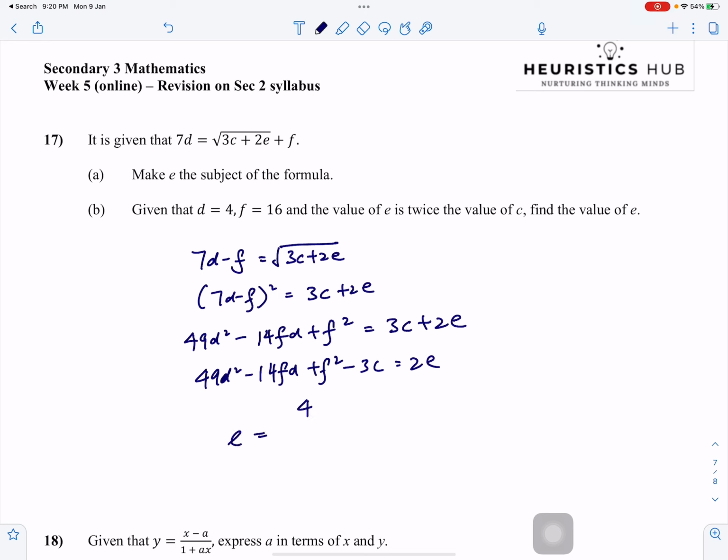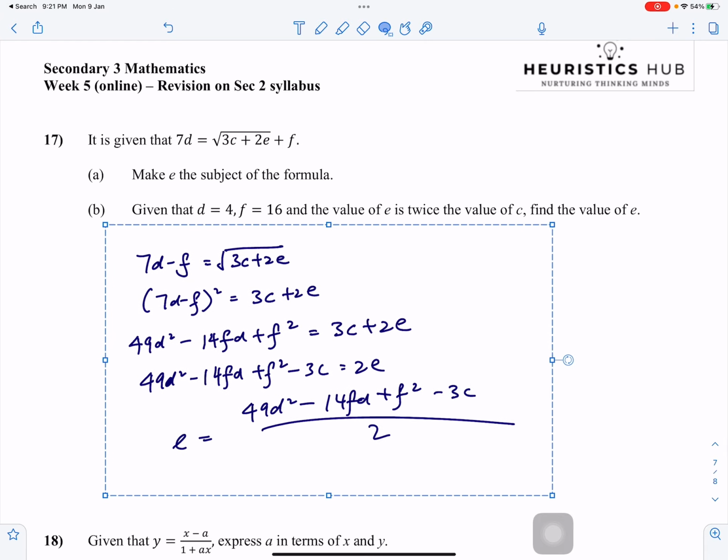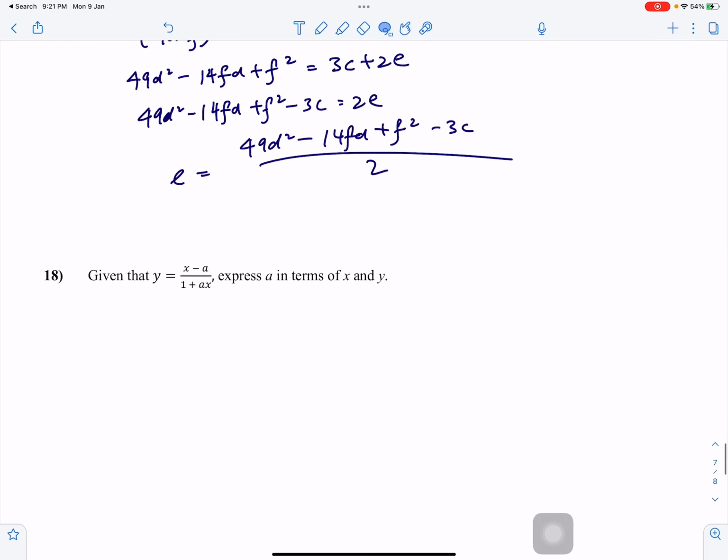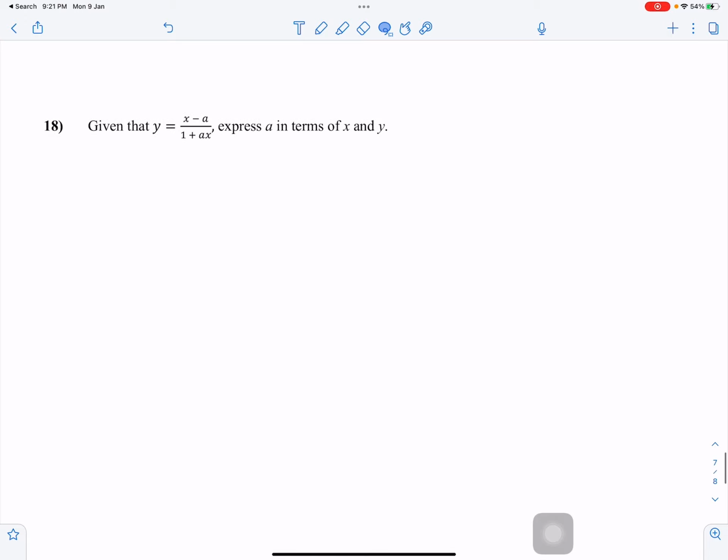And E is equal to, there you go. Okay, all right. Let's move on to 18. Question number 18.